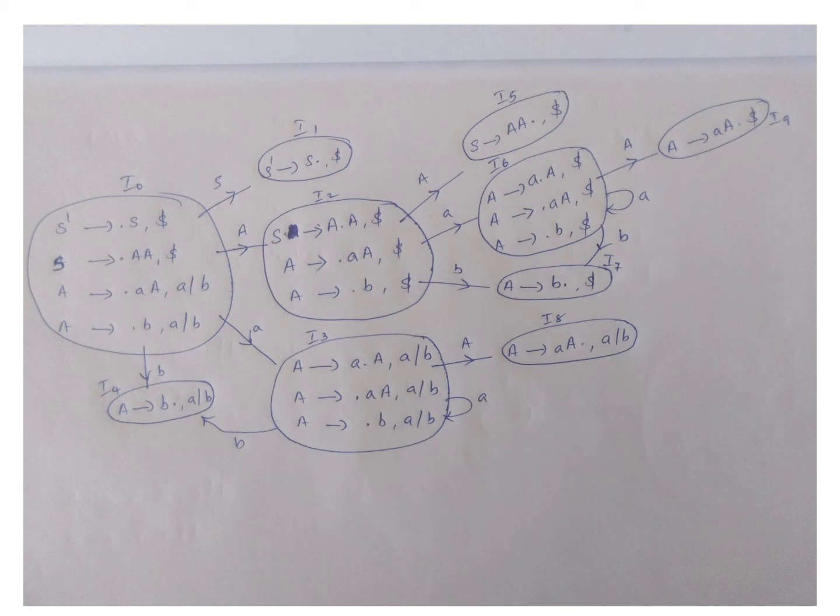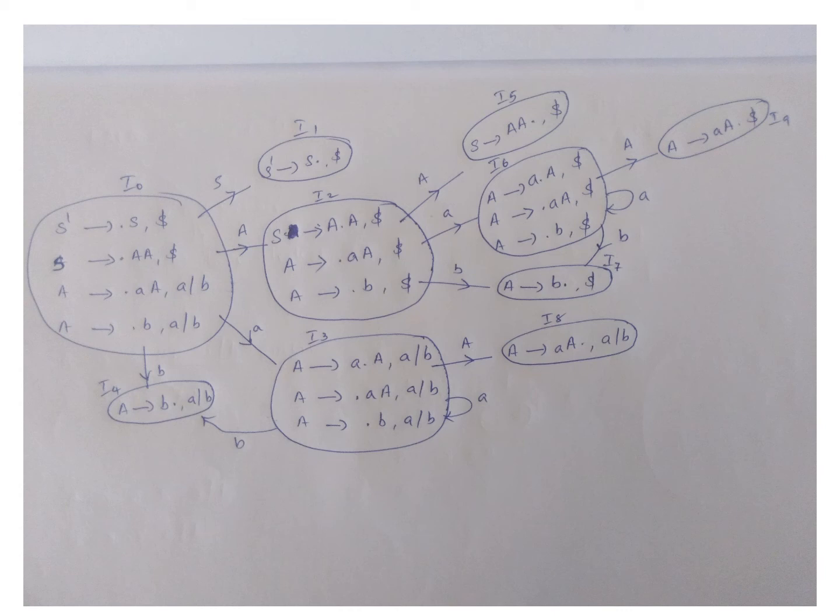Because it is same as this a or b. Since we put a dot here, we need to perform the closure. What is the closure? We need to expand A. While expanding A, we will get A gives dot AA and A gives dot B. Then how will the lookaheads be identified? We need to follow the principle of lookahead.